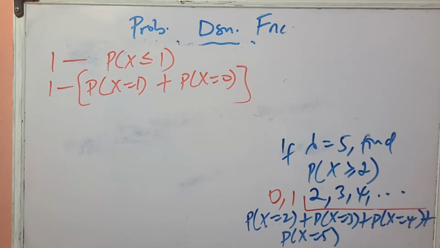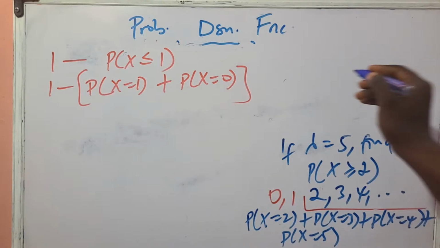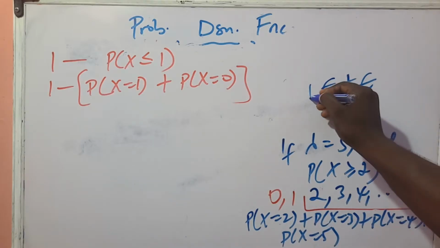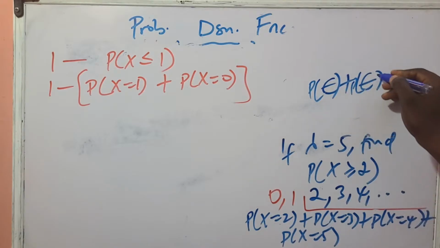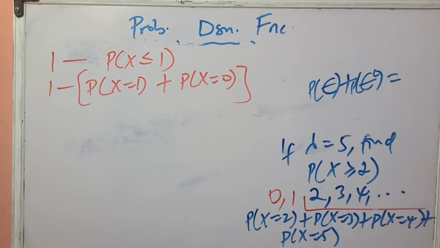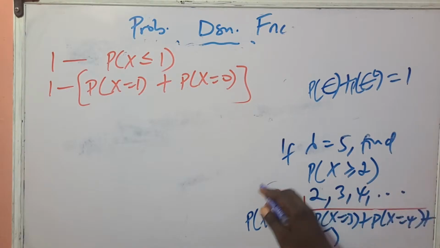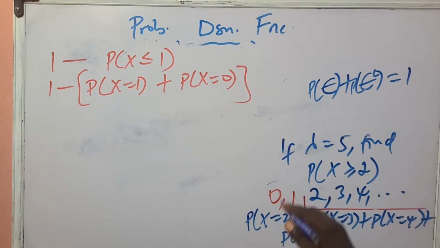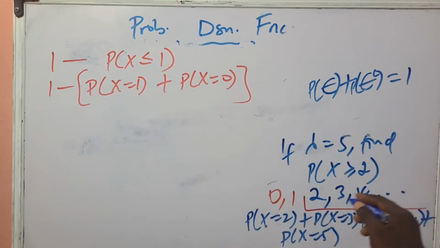I believe we have talked about that before. The probability of an event plus the probability of its complement will give you 1. So since you can easily get this event, just find the probability of 0 or 1, which is easier to find. If you find the probability of that and subtract it from 1, you'll be able to get the probability of this one. I'm sure you guys can follow.